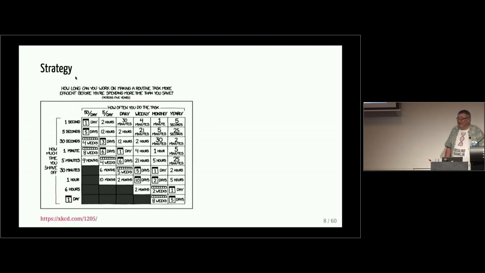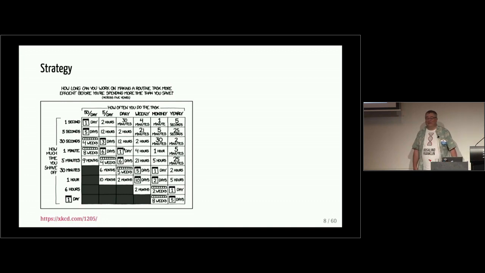So this is the sort of strategy. This is a very recent xkcd cartoon. I should have done a hands up, who knows about xkcd, but I'm sure it's pretty much everyone. How long can you work on making a routine task more efficient before you're spending more time than you save? If it's something that you do daily, in the middle here, and that you can shave a minute off, it's worth spending a day doing that.